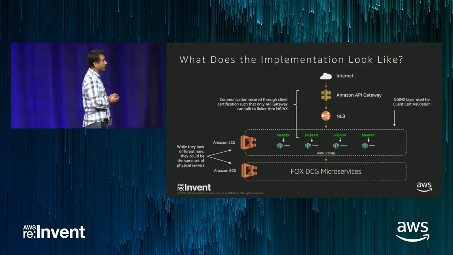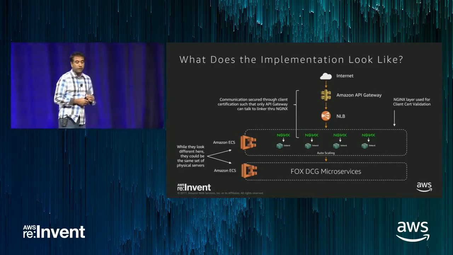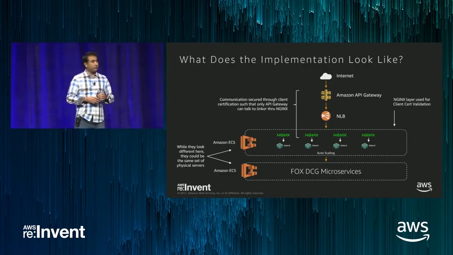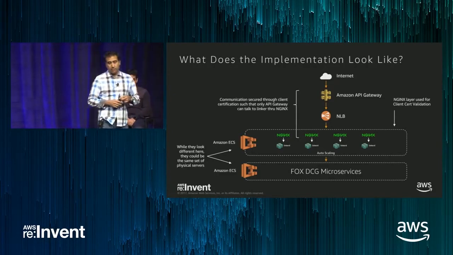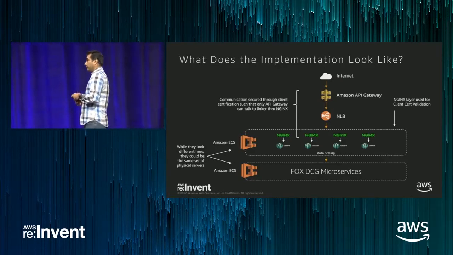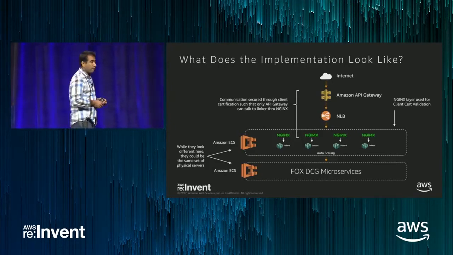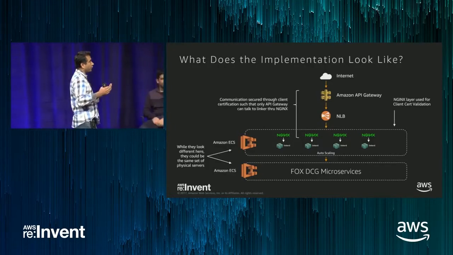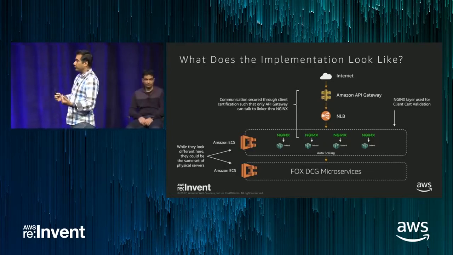So this is what our design from the top down looks like. We'll have the internet or applications that are attached to the internet, if you will. They will go to Amazon API Gateway to hit a specific API endpoint. From there, everything goes through a single load balancer, because API Gateway has to talk to a load balancer.